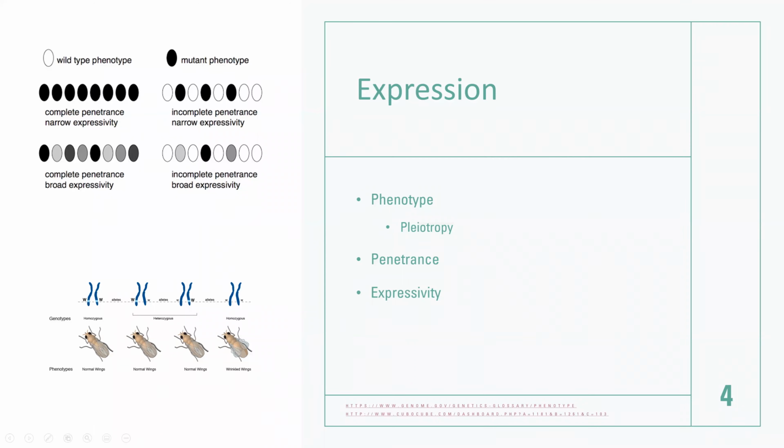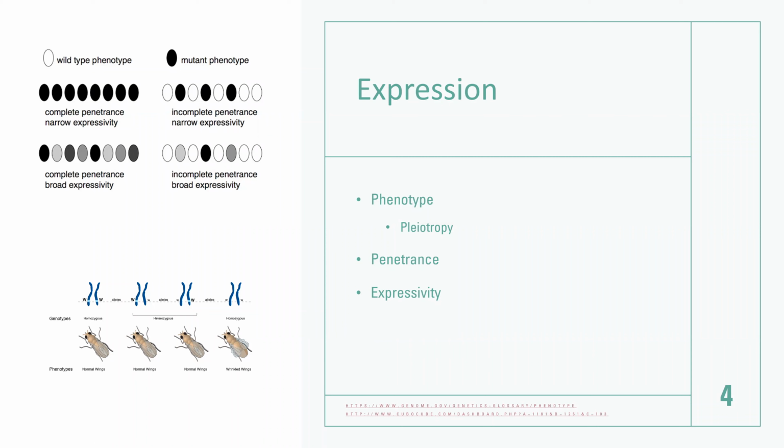So not every single gene shows up in everyone that has it, or is expressed, or shows a phenotype in everyone that has it. And that's measured by penetrance. Penetrance is the proportion of people that have a gene who also express it.